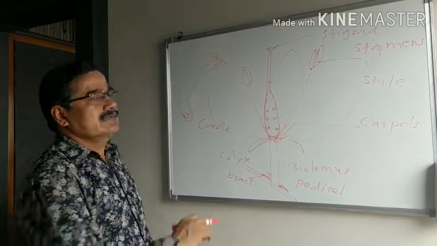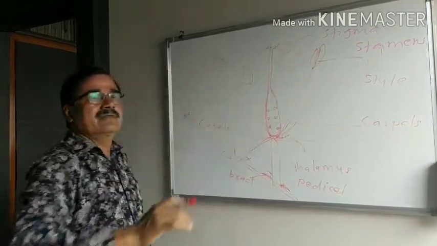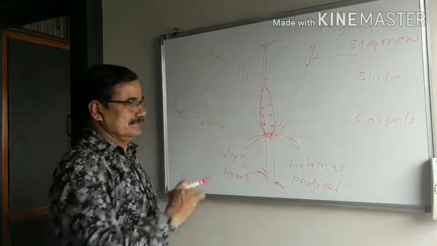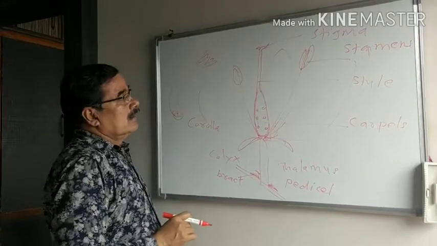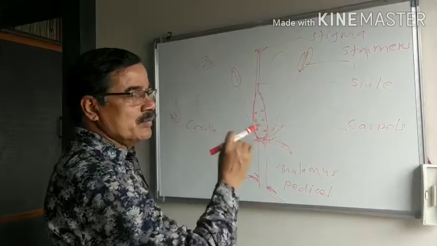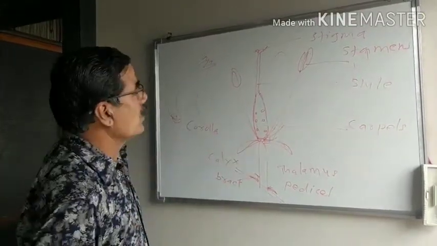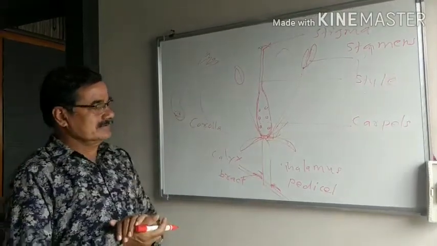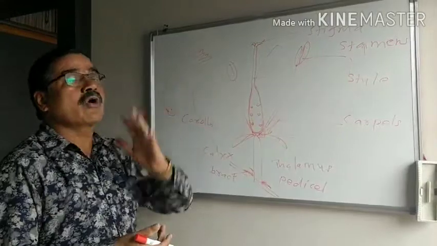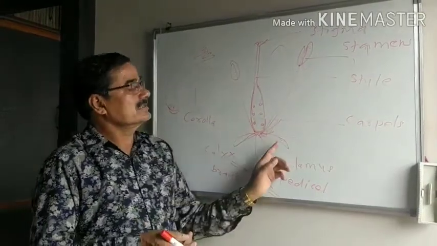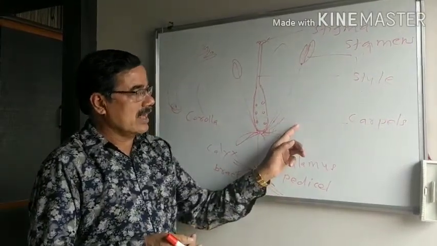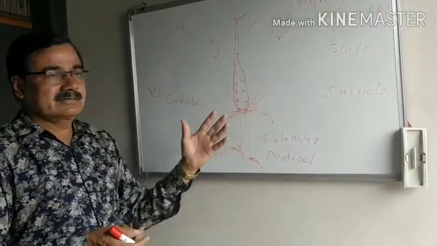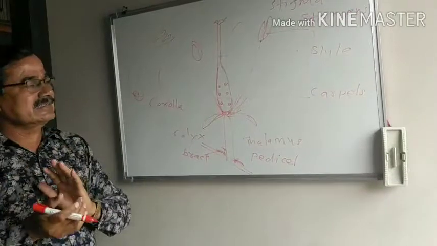We are going to see the symmetry of the flower. There are two symmetries, that is the actinomorphic and zygomorphic. In the actinomorphic flowers, the four floral whorls, that is calyx, corolla, androecium and gynoecium, are similar in size and shape.